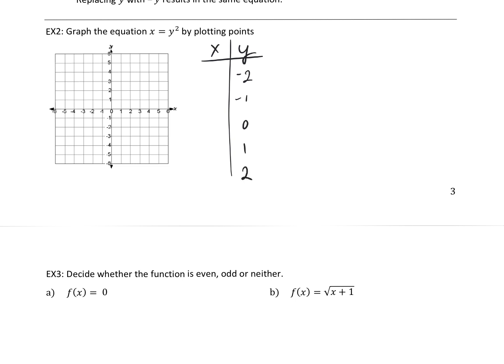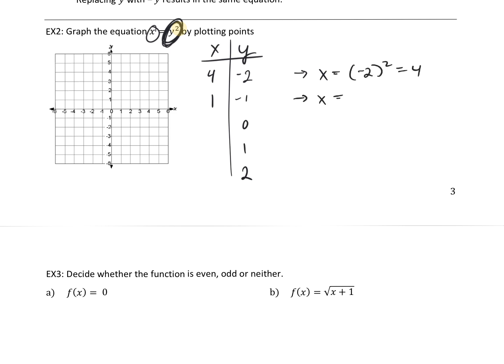So plugging that in, I know that x is going to equal y squared. So if I square negative 2, what will I get? I'll get 4. If I square negative 1, I'll get 1. Again, x is whatever y is, but we just square it. Or you could also see right here, x is going to equal negative 2 squared, which is 4.